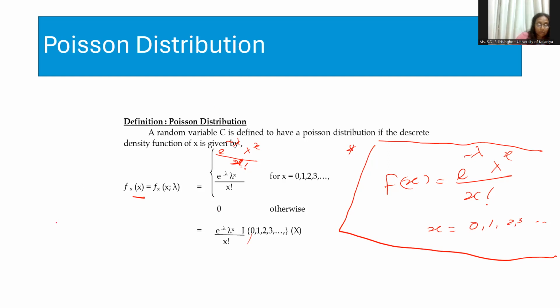So mean here is actually lambda. That means the parameter of the distribution. And also variance equal lambda.